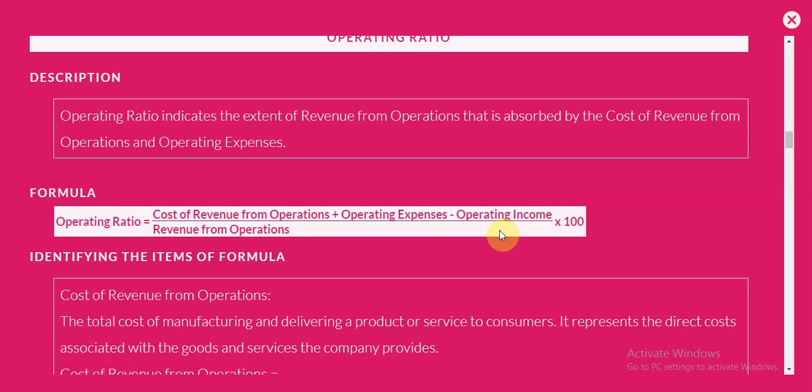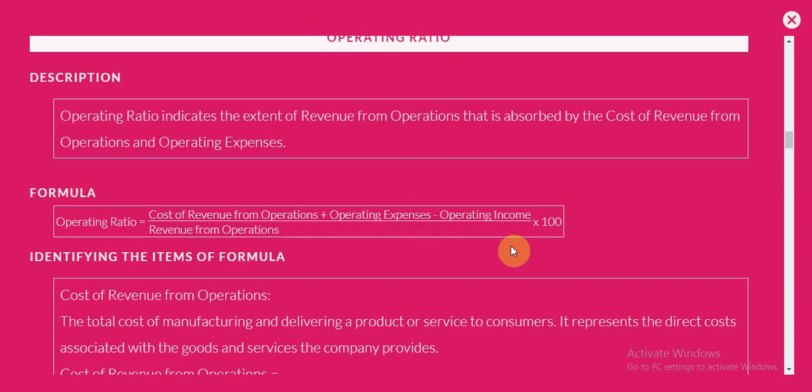So for example, we have some operating expenses also incurred in that business. So we have to take the net operating expenses, not the operating expenses alone. If we have to take the net operating expenses, then operating income has to be reduced. That is why we have reduced the operating income in this formula.